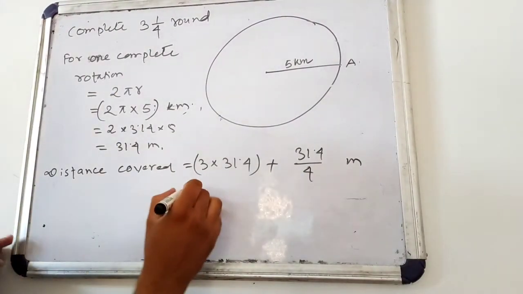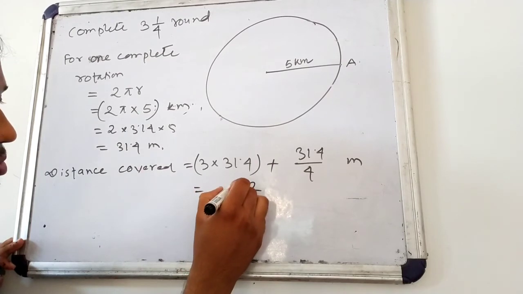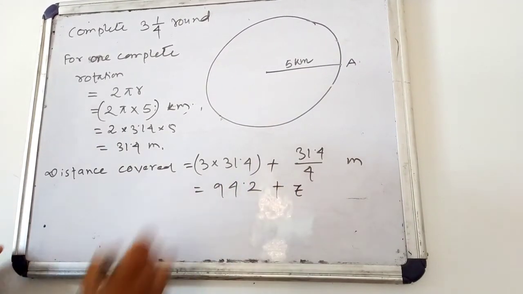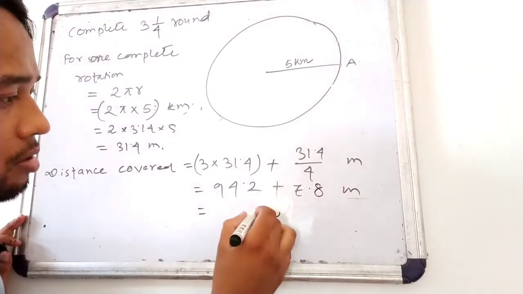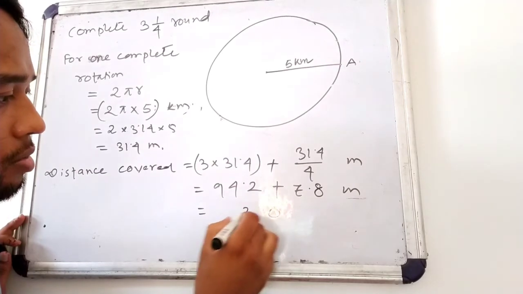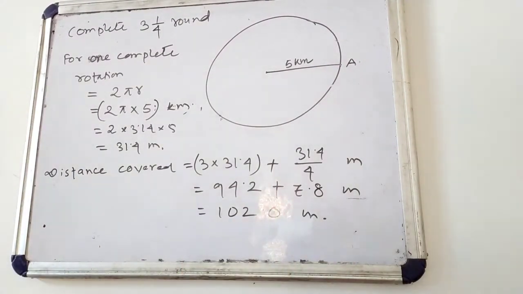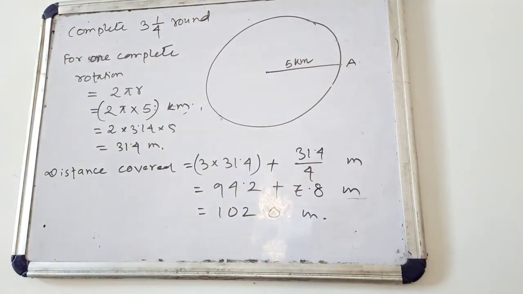Okay, then it will be almost 7.8 meter. So if we add this, 102 meter. So this will be the total distance covered in 3 and 1/4 rounds.